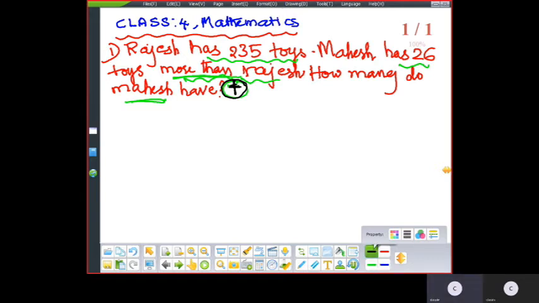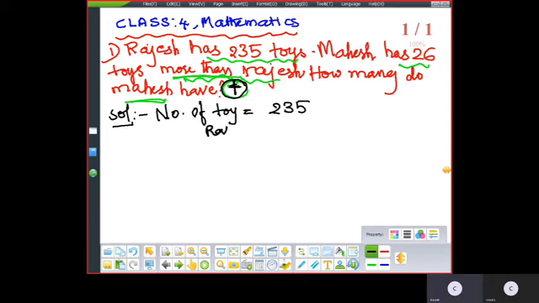So now, let us solve the problem. Firstly, how many toys is Rajesh having? These are the simple statements you have to make, children, in simple language. So the number of toys Rajesh is having is equal to 235.